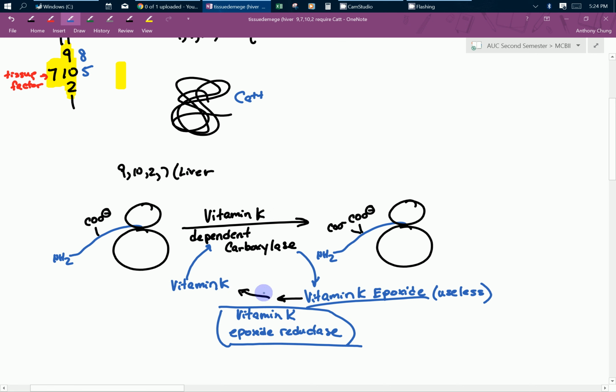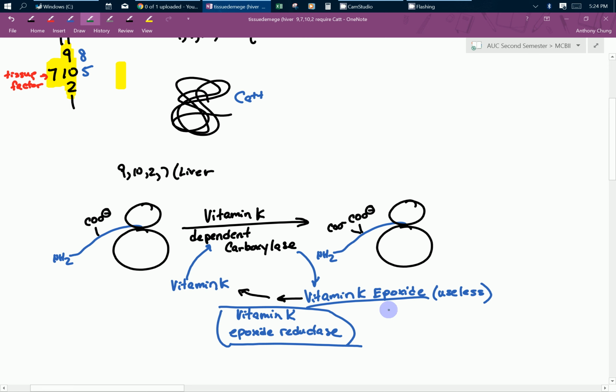Now, if you don't have this vitamin K dependent carboxylase, then you wouldn't have double carboxylic acid, and it can't bind its calcium, which comes from your platelets, by the way, to make this protein active.